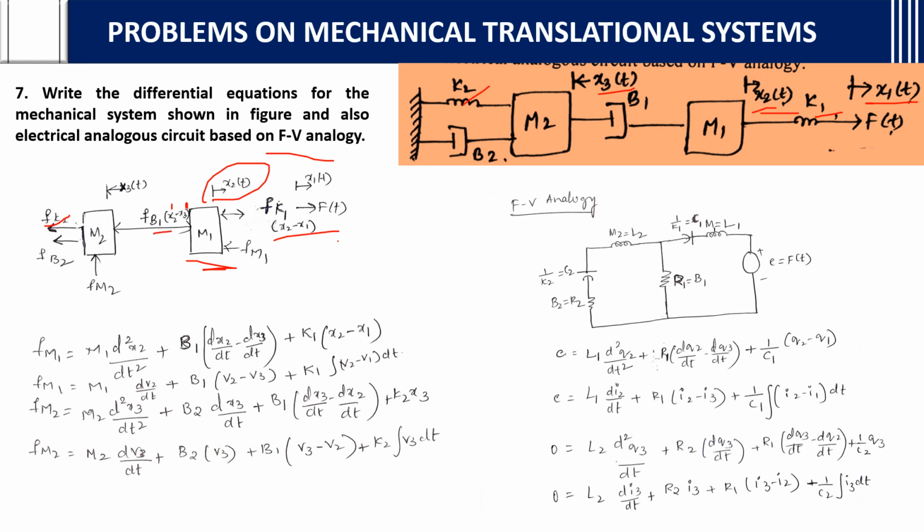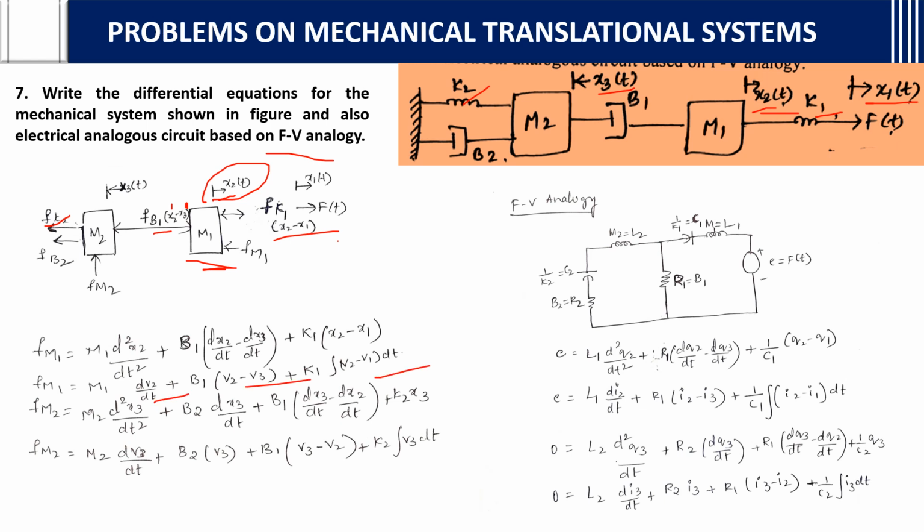B1 is between x2 and x3, and K1 is between x2 and x1, so we write x2 minus x1. And F1 in terms of velocity you can also write. I am not repeating how to write velocity; I told you in previous sums also.